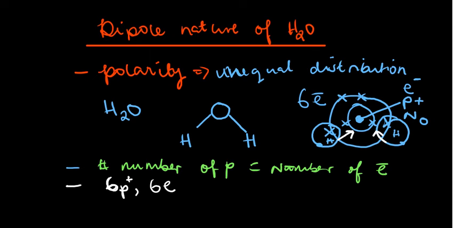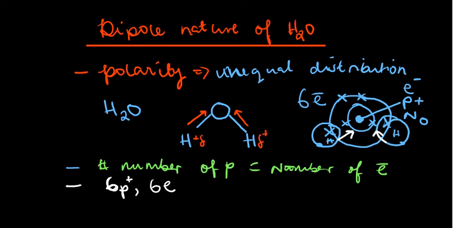This is why we say the oxygen atom is more electronegative: it's pulling electrons towards itself, because positive and negative attract each other, unlike poles. Because they are attracting electrons to the oxygen, they will leave hydrogen with a net partially positive charge.